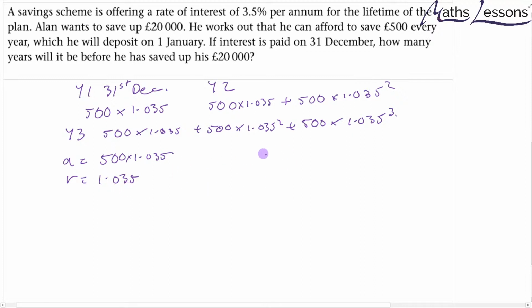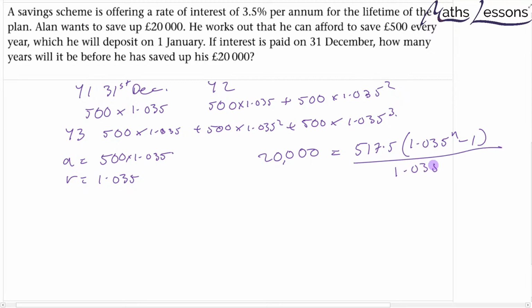So our sum, which is going to be 20,000, we're looking for when that is equal to 517.5 times 1.035 to the n minus 1. Notice I've written this in a different order just to show it doesn't matter which way round you write them. It will give you the same answer, but this will lead us to not having negative numbers later on in the question.